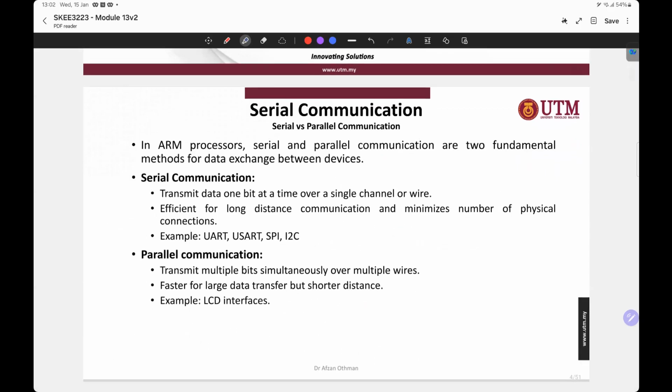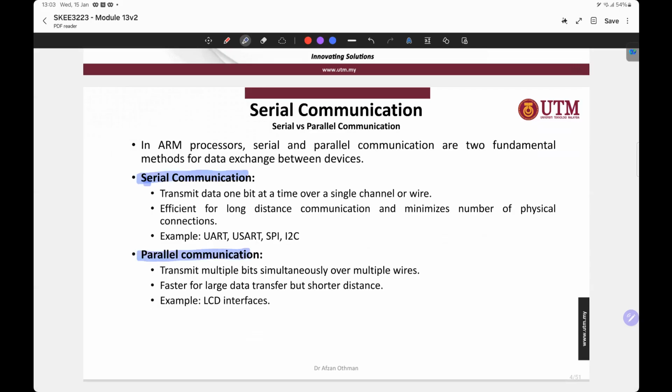There are two methods to communicate from your device to the processor, and from the processor to another device, or from one device to another. There are two ways to do it: one by using serial communication, and the other by using parallel communication.